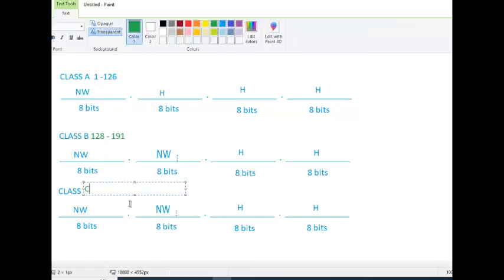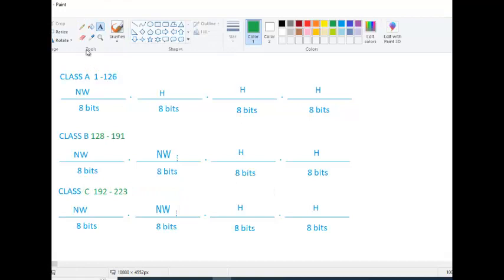The range is 192 to 223. So here we have another 8 extra bits for network. So more the network bits, less the host bits.